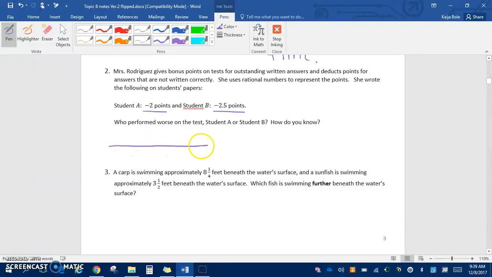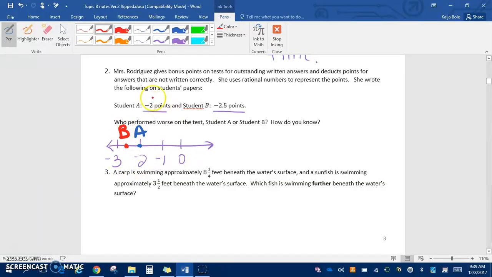So if we use our number line, we're in the negative, so I'm going to put 0, then we'd have -1, -2, and then I'm going to put -3. So student A was at -2, so I'm going to put a dot at -2, and this is A. And student B was at -2.5, which would be in between -3 and -2 down here.